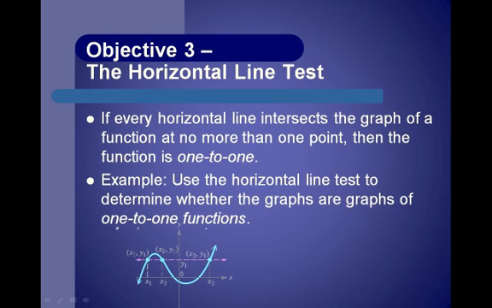Well, notice as soon as we pick a horizontal line and it cuts that graph in 1, 2, 3 places, as soon as that happens, that means that your graph is not one-to-one. Remember, it was a function on the earlier slide, but it's not a one-to-one function.